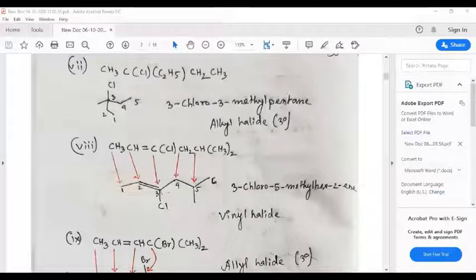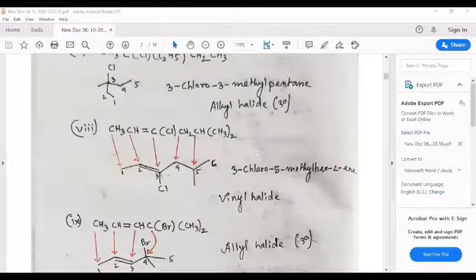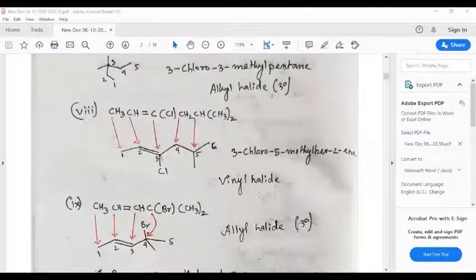To that CH there are two methyl groups, this one and this one. The longest chain contains 6 carbons, so it's a hexene derivative, and the double bond is present at second position, so it's hex-2-ene. At 3 position there is 1 chloro, at 5 position there is methyl, so it will be 3-chloro-5-methylhex-2-ene. It's a vinyl halide.